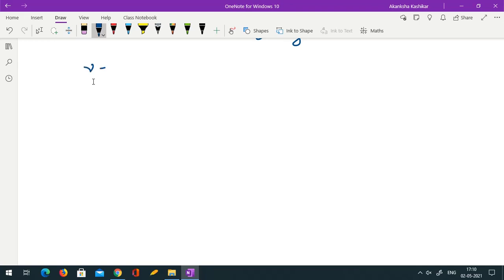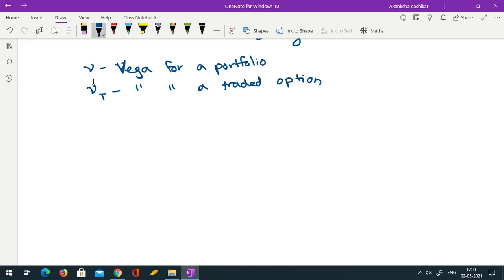So suppose nu is vega for a portfolio and nu T is vega for a traded option. Then again, to make the portfolio vega neutral, the number of units of option turns out to be the same as what we did for gamma: original portfolio vega upon vega for the traded option.